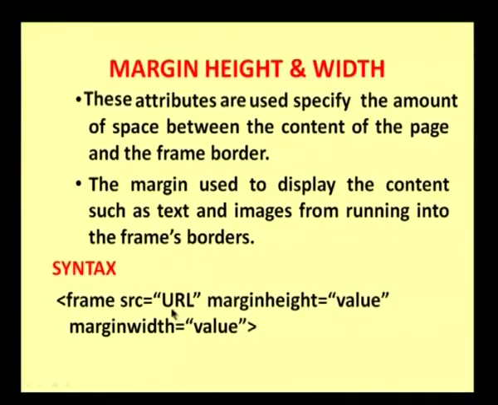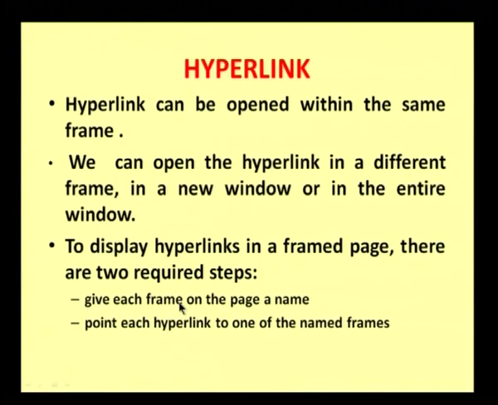When we want to specify the hyperlink, we can use the source attribute, that is the frame source URL link, or we can specify it with the href attribute, etc. When the web page has been divided into frames, each frame can display more than one hyperlink. Hyperlinks can be specified by using the source attribute, and since we have many frames inside our web page, we must specify in which frame the hyperlink should be displayed.